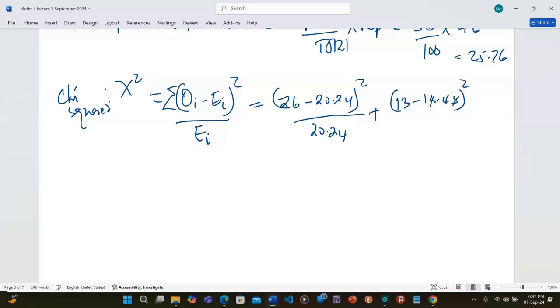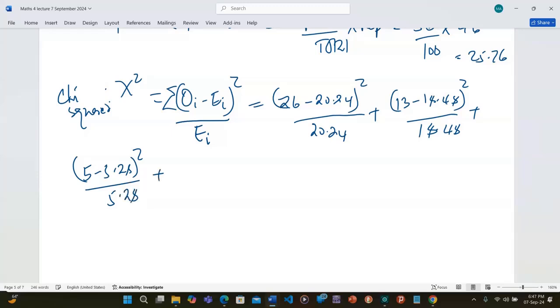I square, I divide by 18.48. I add. For others, it is 5 minus 5.28. I square, I divide it by 5.28.